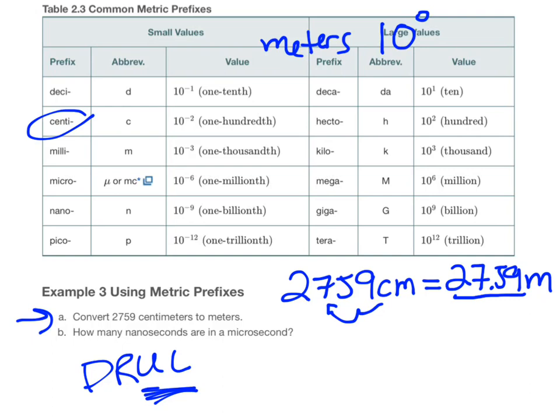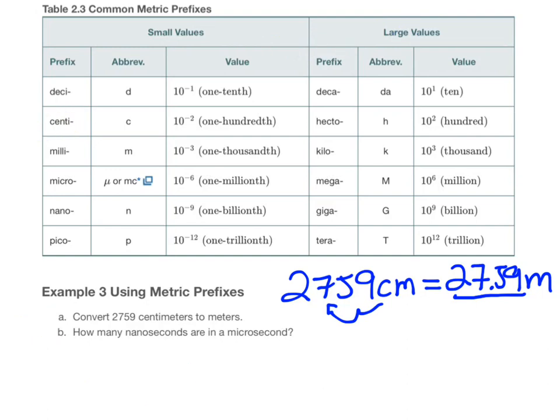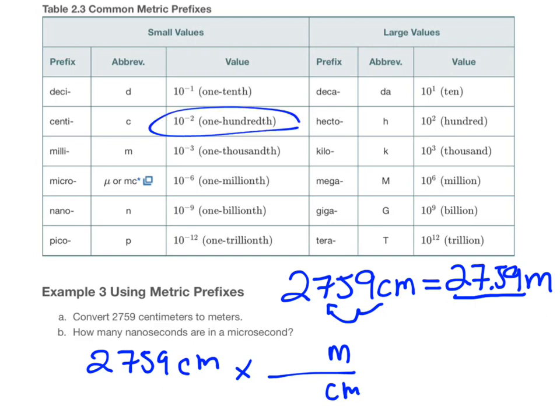So for comparison, we can also find that a different way by using the conversion factor. So we could start with 2,759 centimeters, and then to get to meters, I need to multiply by the conversion factor from centimeters to meters. Okay, so this chart is telling us that a centimeter is 1/100th, or 10 to the negative 2, of a meter.